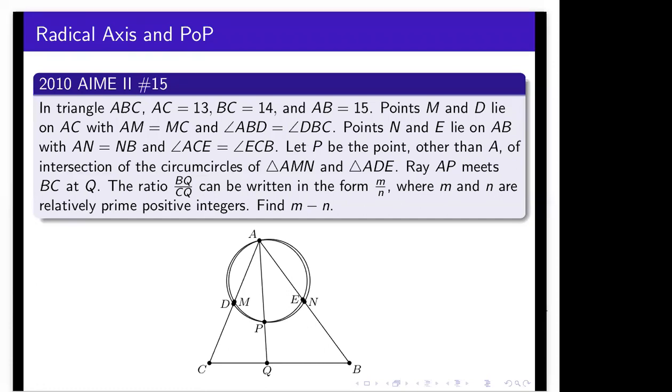So I guess one thing to note off the bat is that line AP is a common chord of the two circles. So we have that APQ is a radical axis. This will be useful later on.